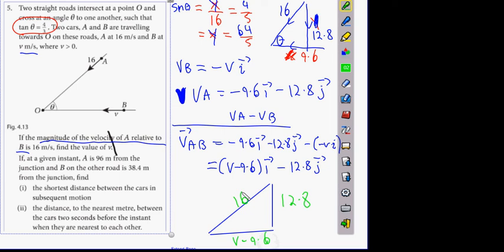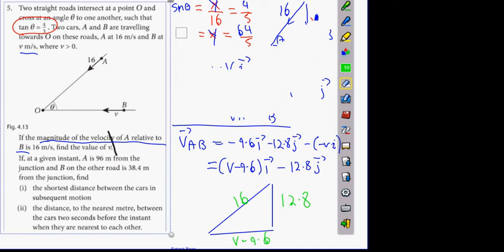So what can I do here to figure out v? Anybody want to tell me? Sorry? Do Pythagoras. At the end of Pythagoras, you're going to be left with a quadratic formula. Okay?